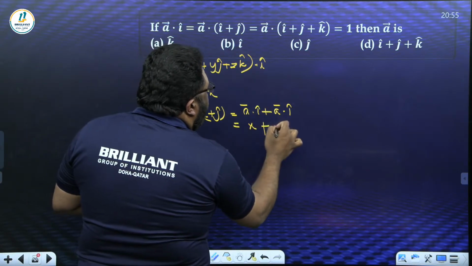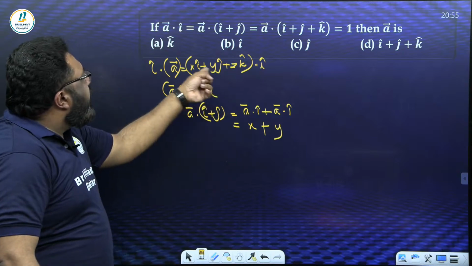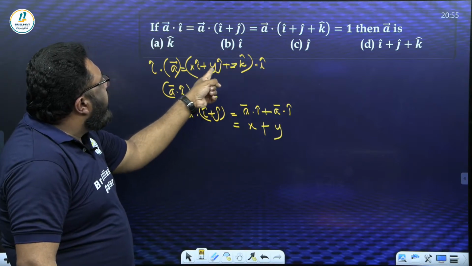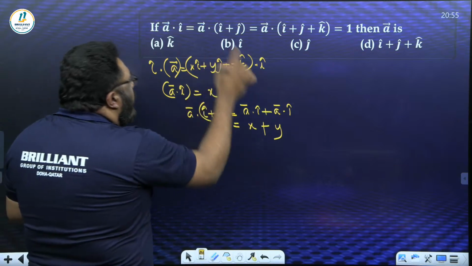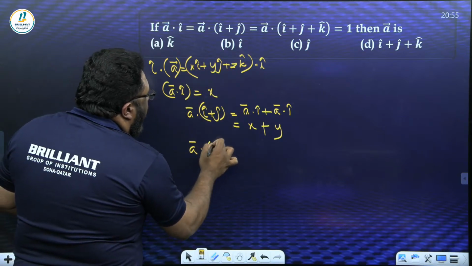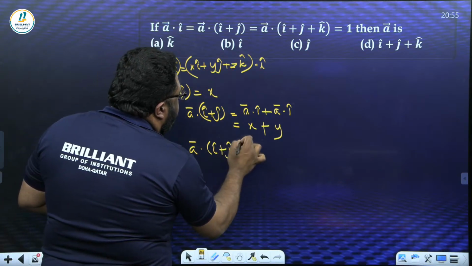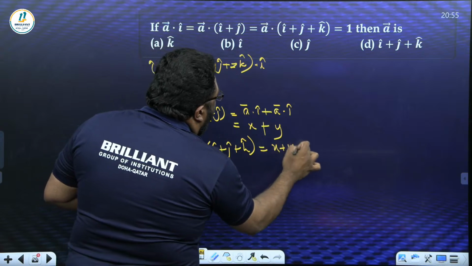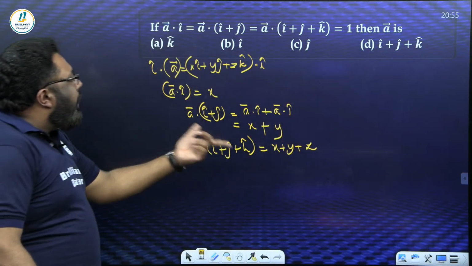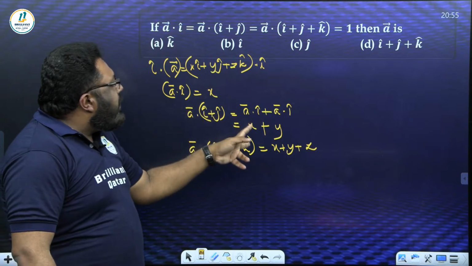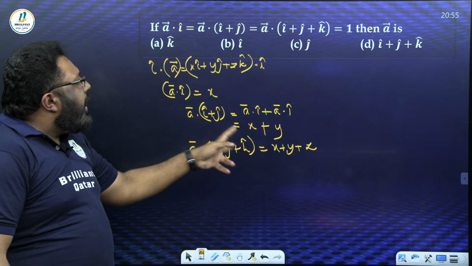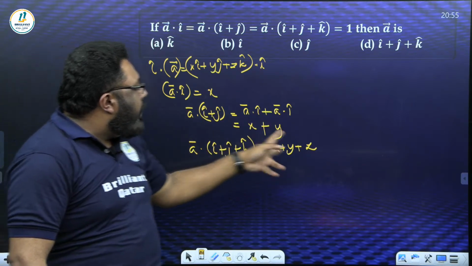You will get A dot j as y, because very clearly A dot j is going to be y, j dot j, which is y. Now if I do A dot (i plus j plus k), I will get x plus y plus z. From this logic, A dot i is x, A dot (i plus j) is x plus y, A dot (i plus j plus k) is x plus y plus z.